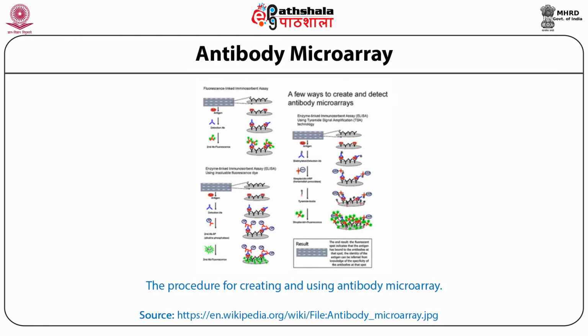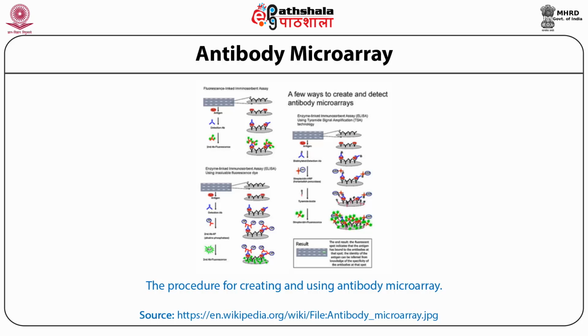There are several ways to create and detect antibody microarrays, and performing an antibody microarray is quite similar to performing an ELISA, the simplest being fluorescence-linked immunosorbent assay, which involves the use of an antibody chip to which cell lysate is added, which has the antigen in question, which goes and binds to the specific antibody on the chip.